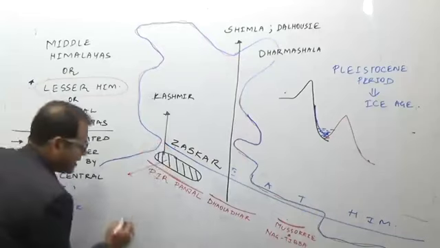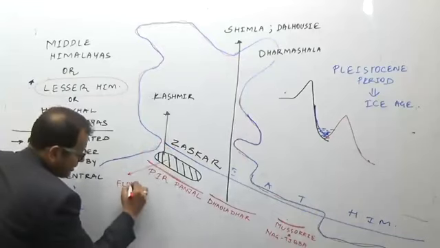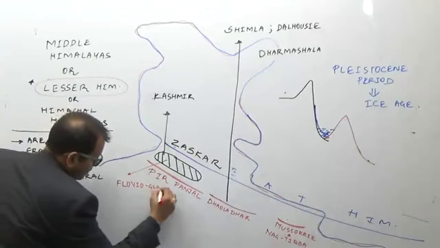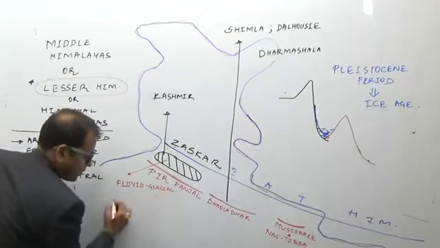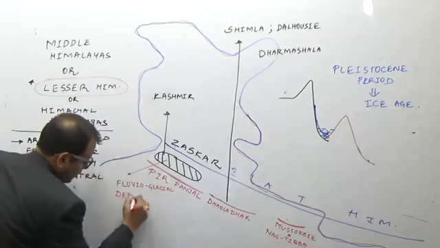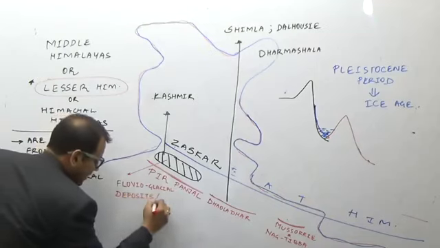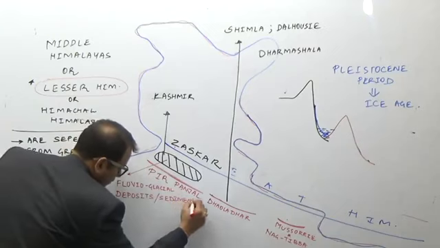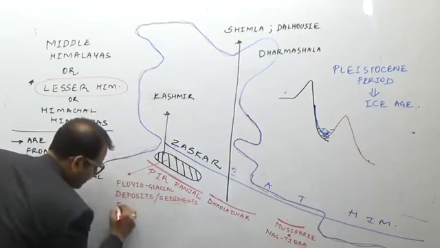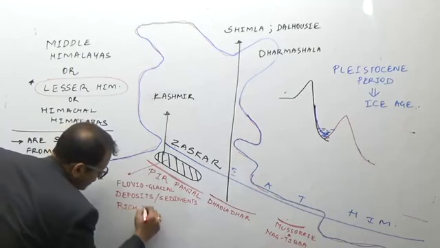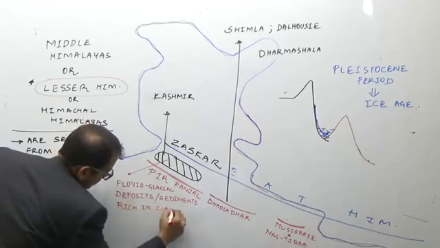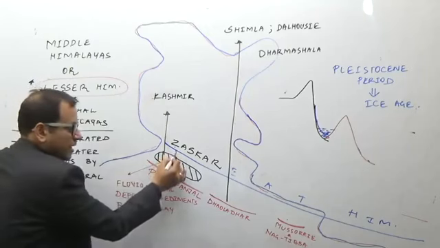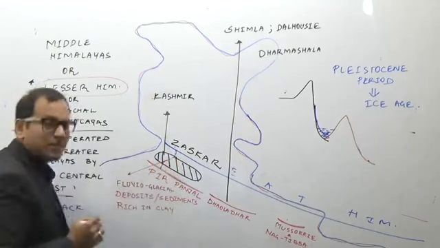Therefore, in this region there are fluvio, that means rivers, glacial deposits, or we can say sediments, generally rich in clay. Why? Because the rivers originating from the Great Himalayas got obstructed by the Pir Panjal ranges.